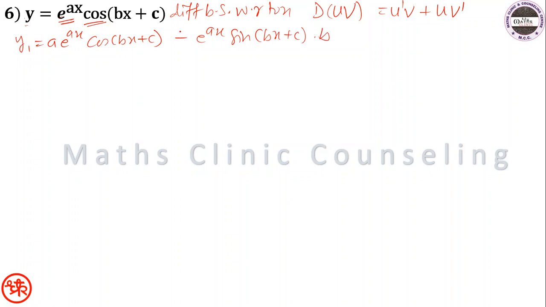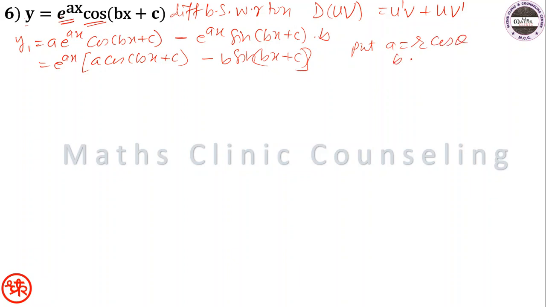The derivative of cos is minus, so here a minus sign. So you will get e to the power ax into a cos bx plus c minus b sin of bx plus c.